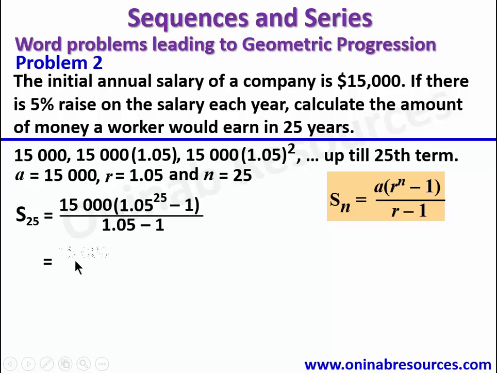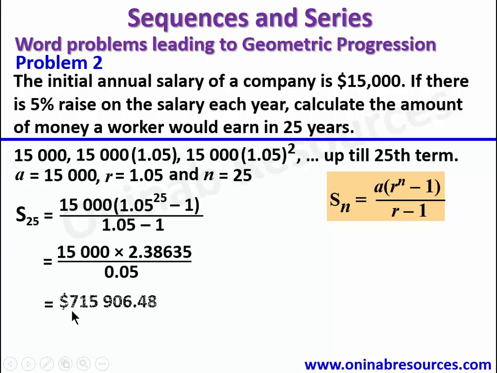This is 15,000 times 1.05 raised to the power 25 minus 1 gives 2.38635 over 0.05. 1.05 minus 1 gives 0.05. Simplifying this from our calculator, we have 715,906.48, which represents the total amount of money a worker will earn in 25 years. So that's the end of solution to problem 2.